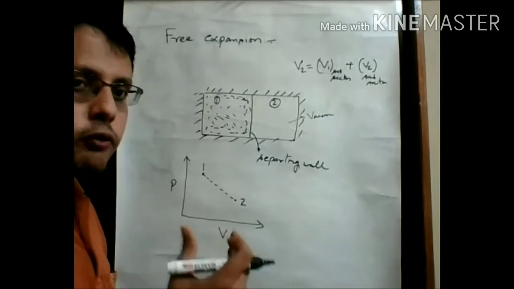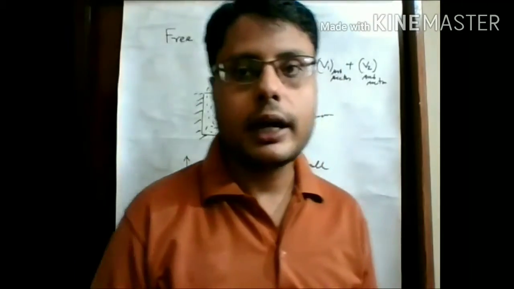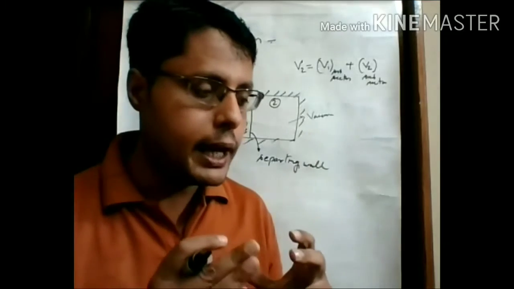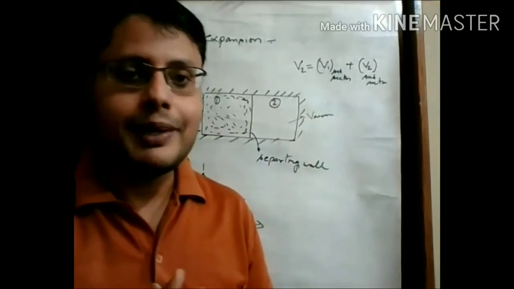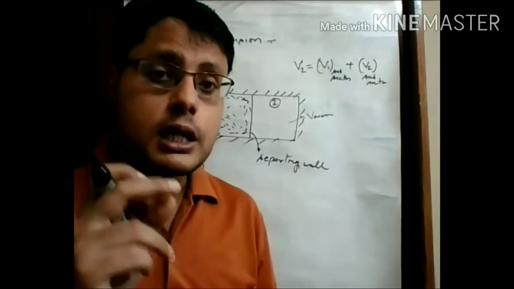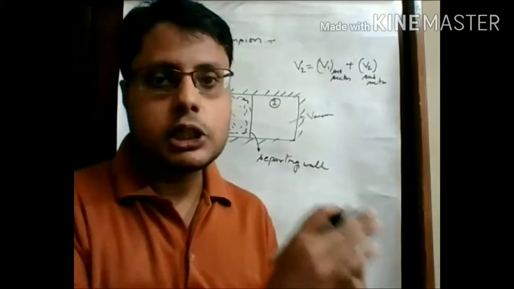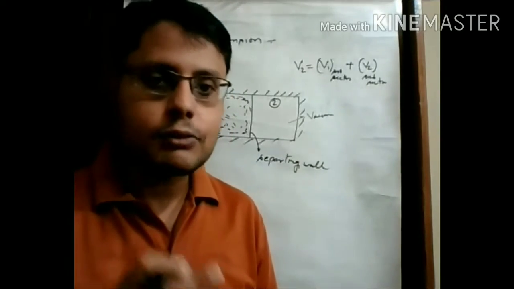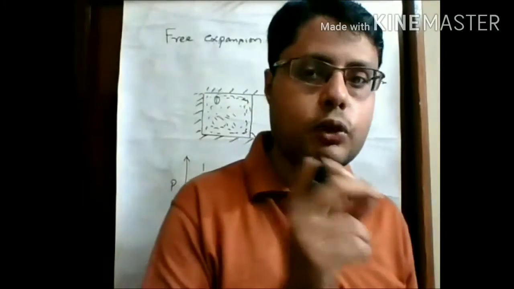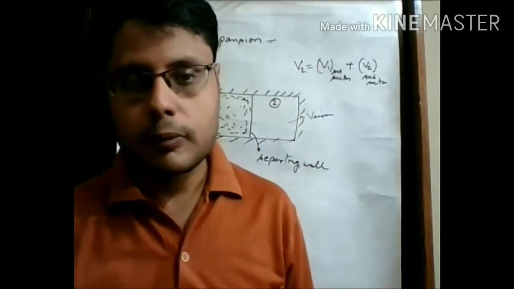In a previous lecture, we already discussed that if we want to define a clear and exact path between two states, then we have to find lots of equilibrium states between the initial and final states. Such a process in which the path is actually defined is known as a quasi-static process.